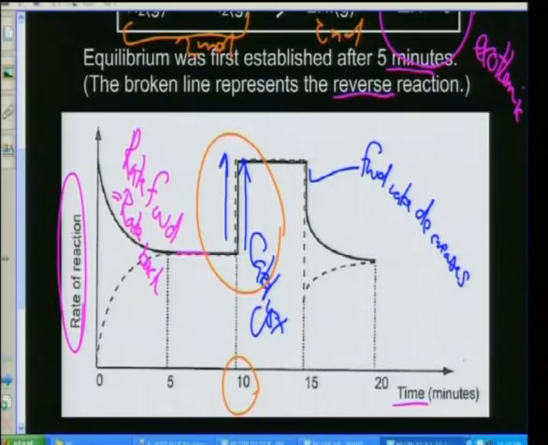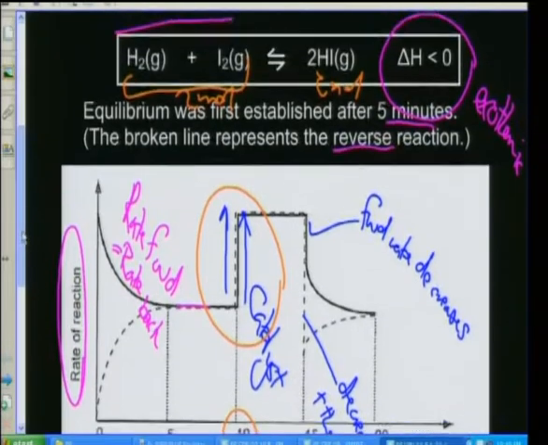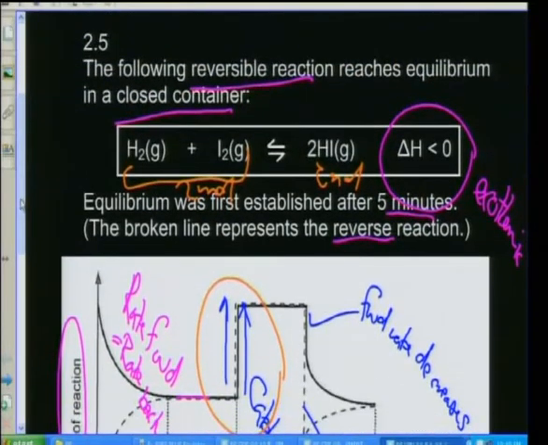And it's decreasing. This rate here of the back reaction decreases as well, but it decreases, and then increases. So let's have a look at seeing what's happening here.